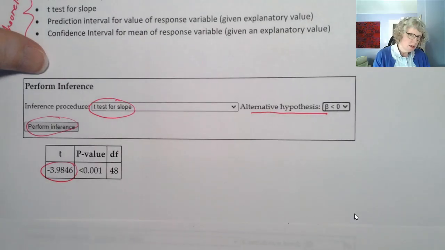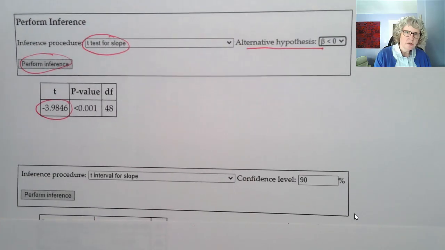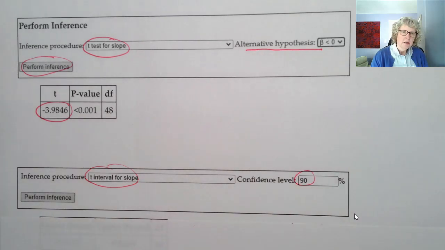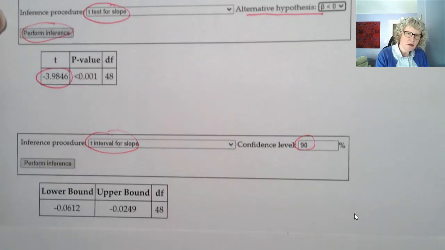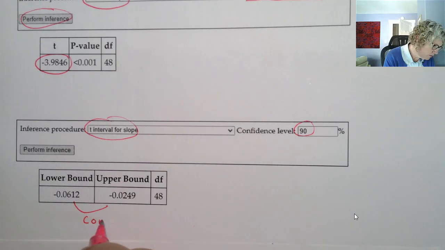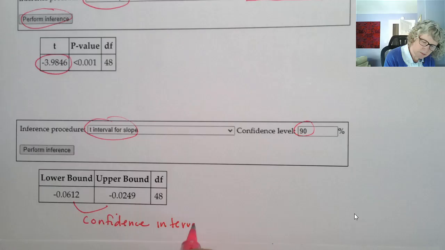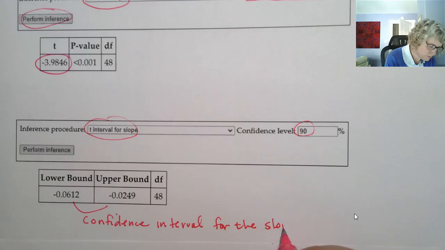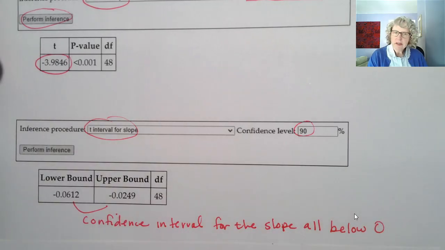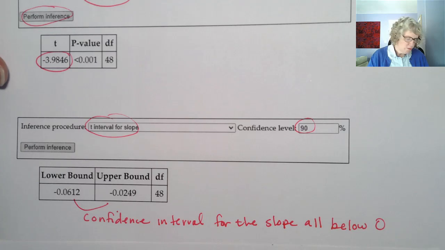And then same idea with the next one, the t-interval for slope, and we did 90%, and here we got our lower bound and upper bound. So we have our confidence interval. The confidence interval for the slope is all below 0. And we rejected the null, so that's why those two matched up.